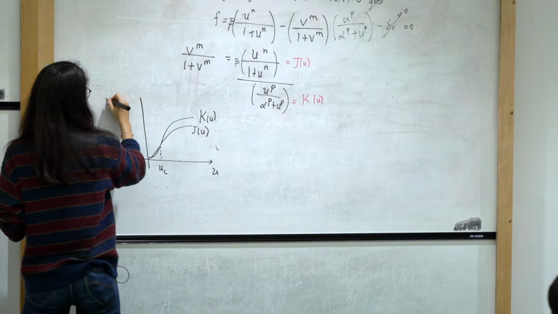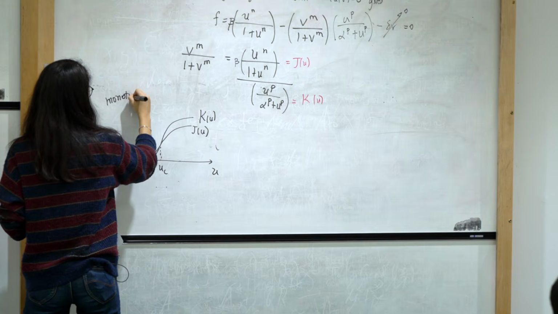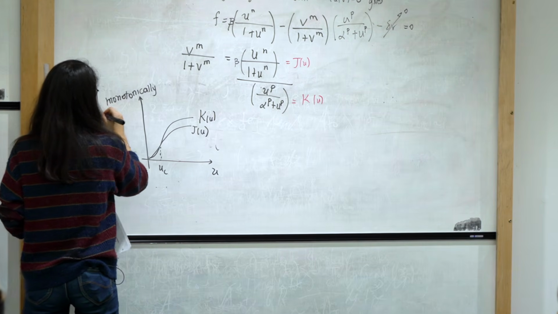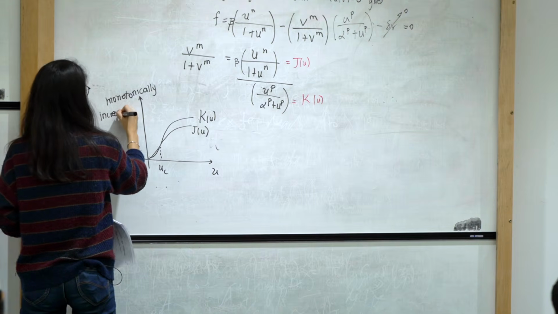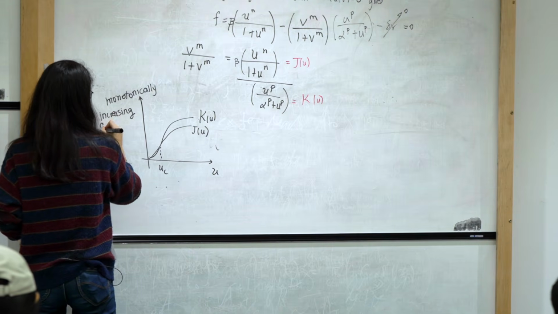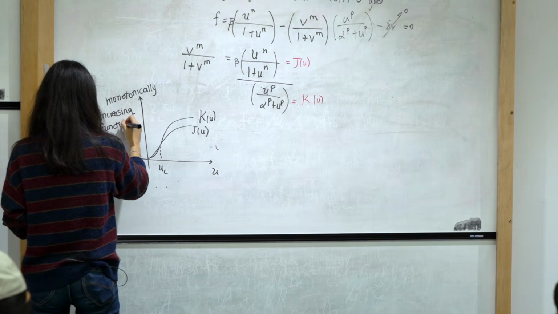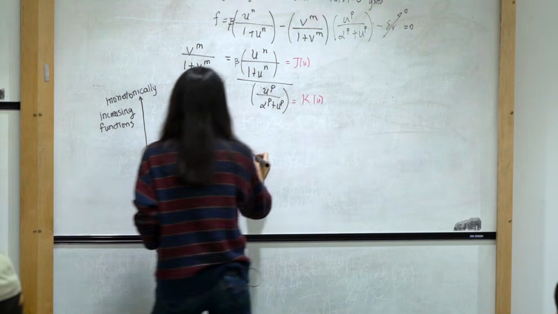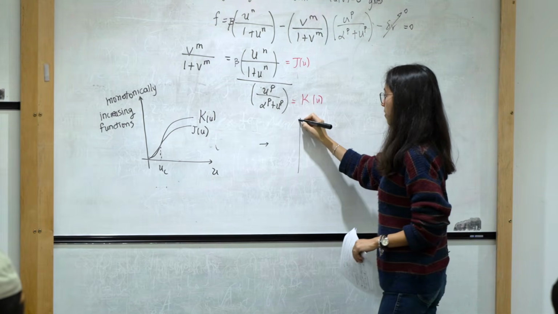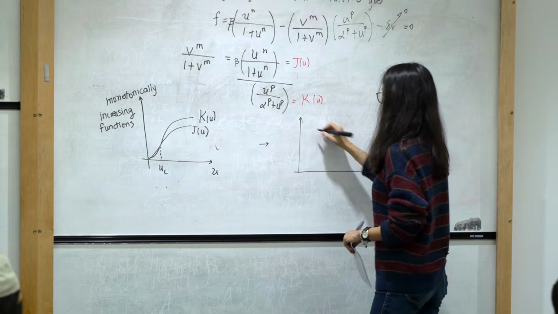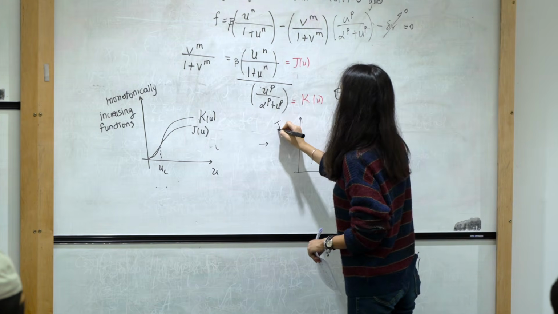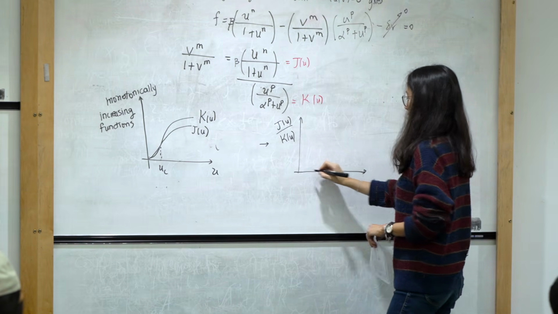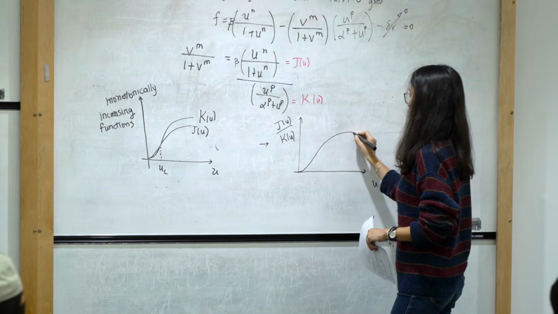These are monotonically increasing functions. And then you can also draw the ratio of the two. So here I have j of u divided by k of u versus u again, and it has this form.